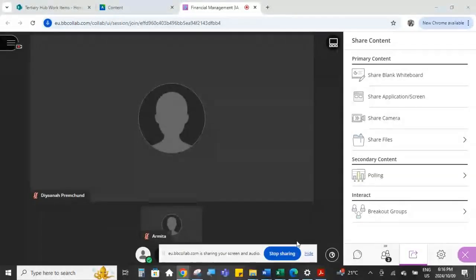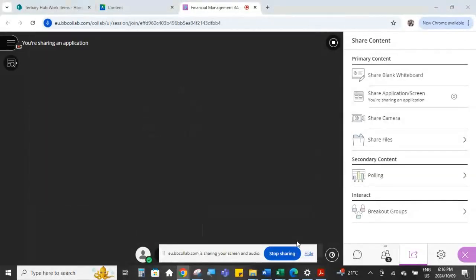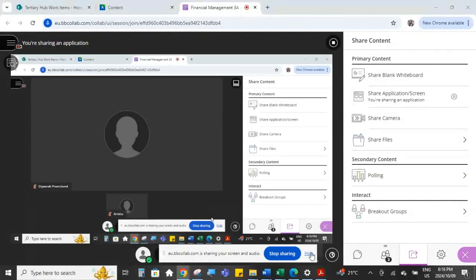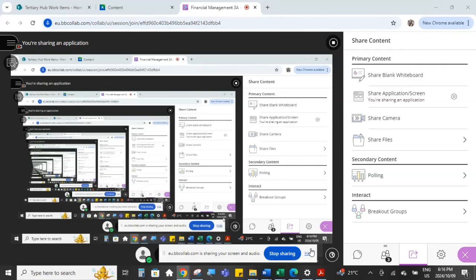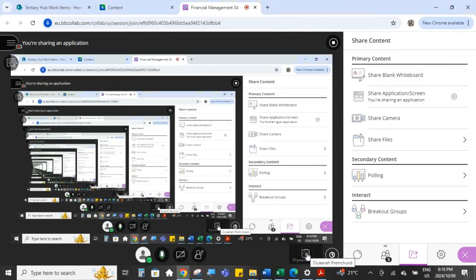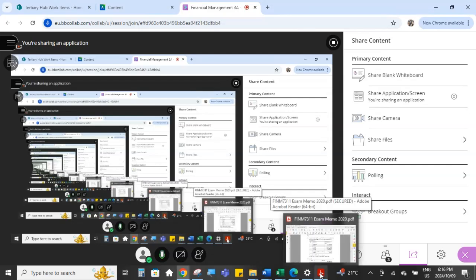Just get there. Okay, hopefully you can now see my screen. The laptop is telling me that it's sharing. There we go. So I can hide that, and I'm going to open a question paper.